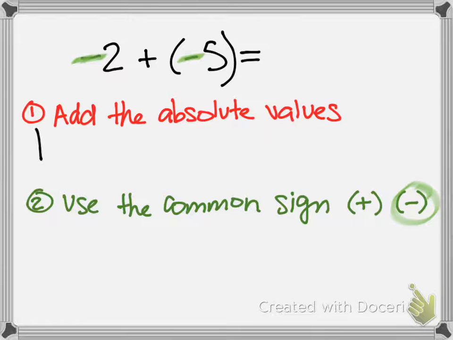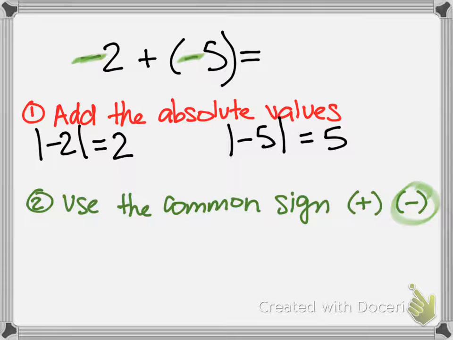So I'm going to take the absolute value of both of these numbers. The absolute value of negative 2 is 2, and the absolute value of negative 5 is 5. And then I need to add those two together, and that gives me 7.